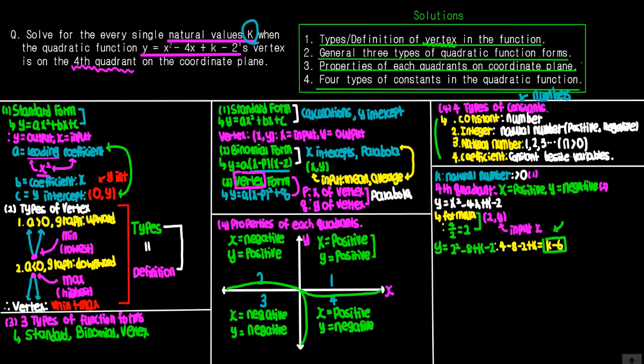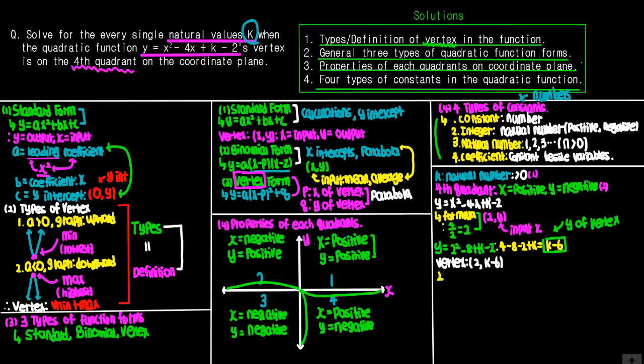It is the y coordinate of the vertex, but it includes a specific variable. So we can write our full vertex down. Our full vertex was 2 comma k minus 6. Let's go back to our second piece of information.